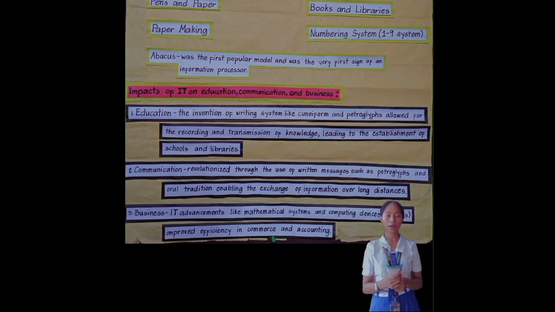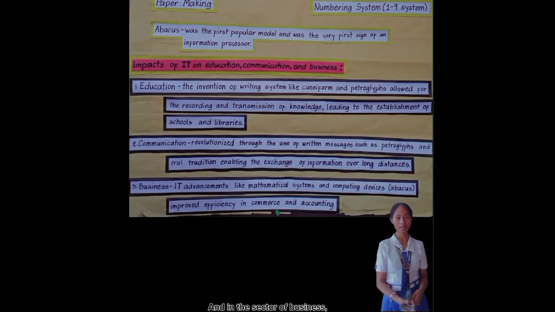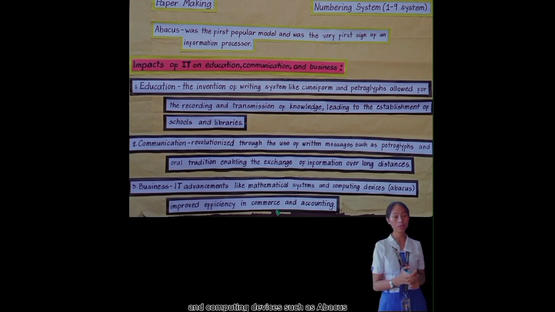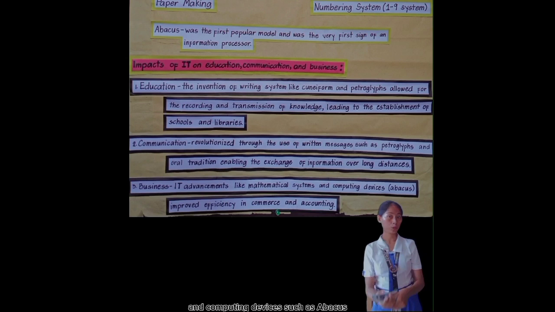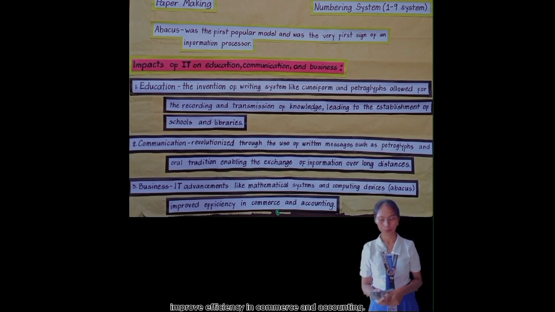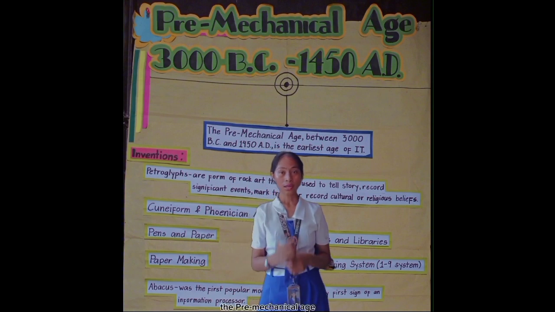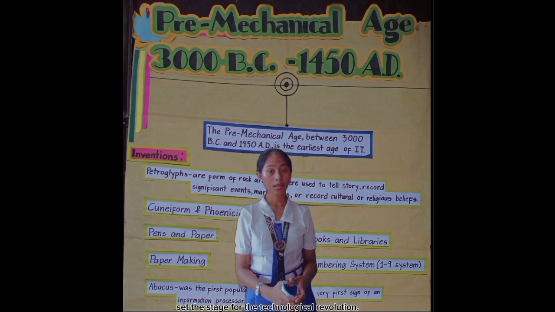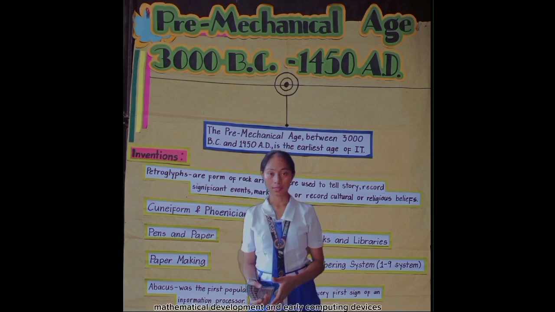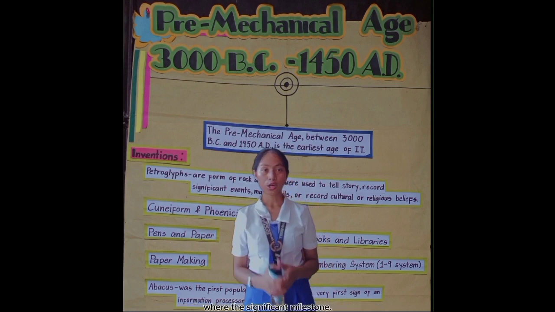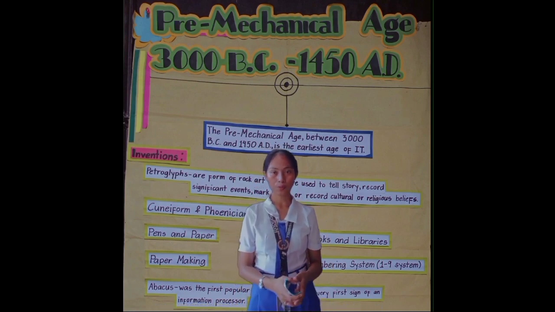And in the sector of business, IT advancements like mathematical systems and computing devices such as the abacus improved efficiency in commerce and accounting. So in conclusion, the pre-mechanical age set the stage for the technological revolution. Writing systems, mathematical development, and early computing devices were the significant milestones.